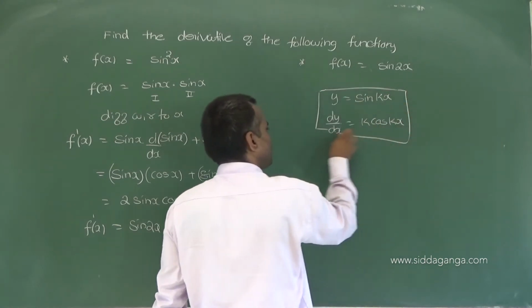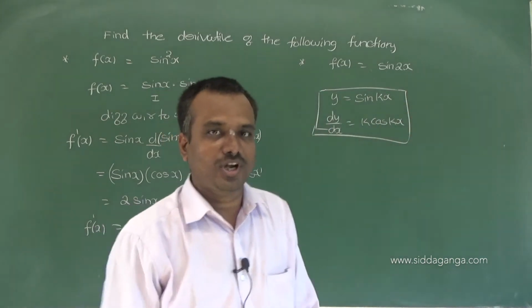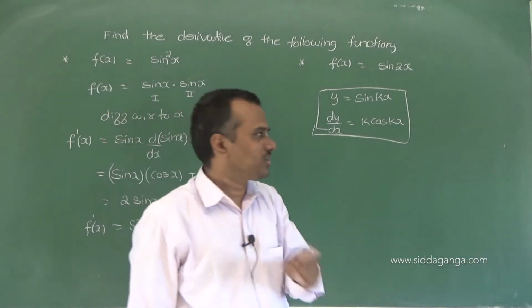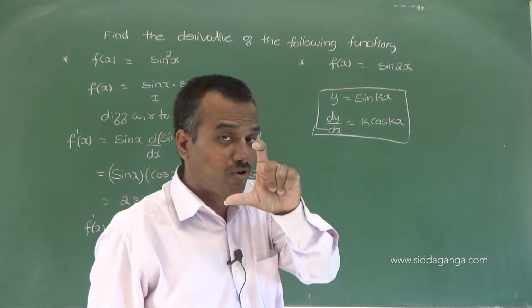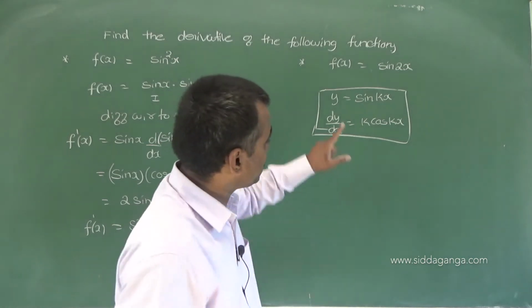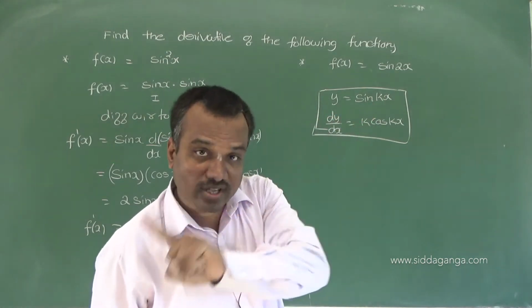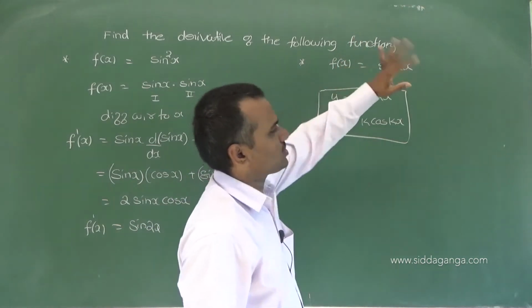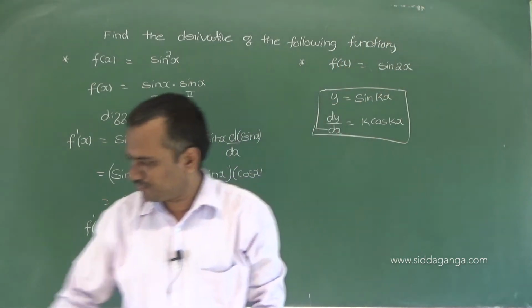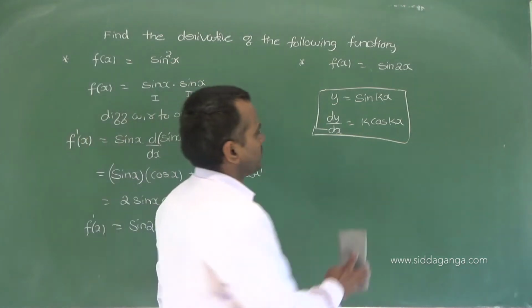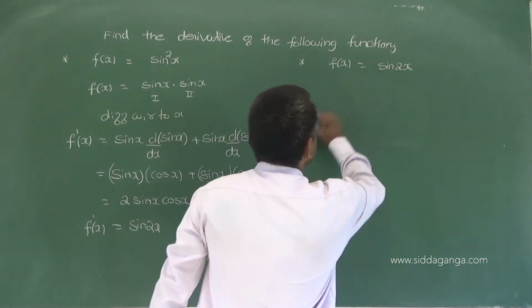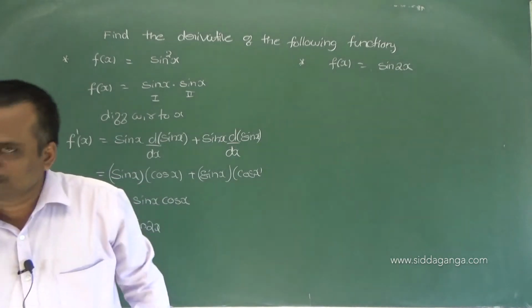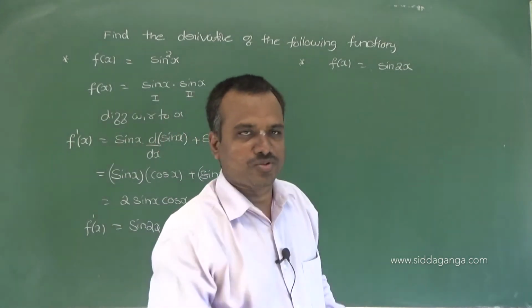That I mentioned for second PUC, the formula table with sin kx, cos kx, tan kx. Like that we write directly 2 cos 2x. So this is one method for the second PUC.